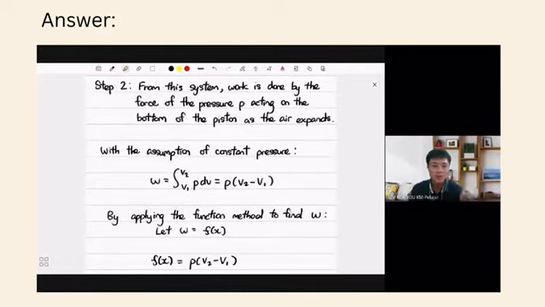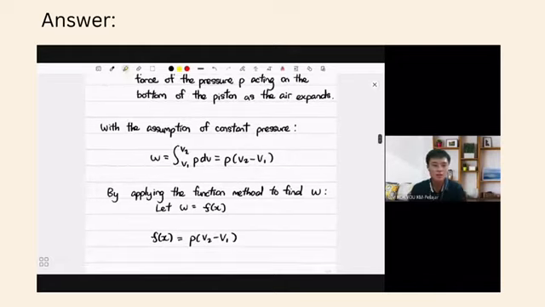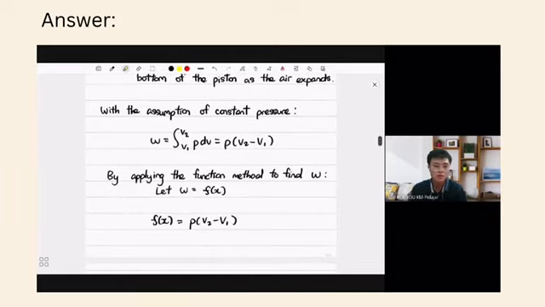Then it will equal the pressure times the bracket V2 minus V1, where V2 is the final volume of the air and V1 is the initial volume of the air. By applying this method, we are able to find the work done, W. So let us change W into Fx, so Fx equals P times V2 minus V1.